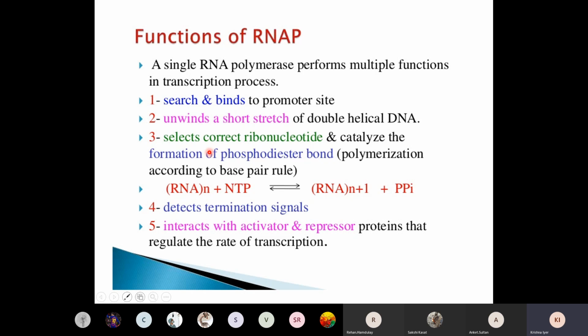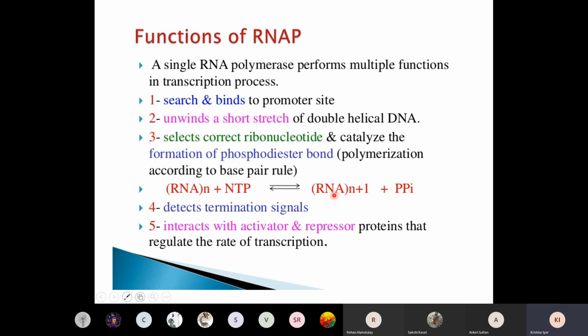But this time the complementary polymer uses ribonucleotides. So it starts forming RNA, and it takes one ribonucleotide at a time and catalyzes the formation of the phosphodiester bond.